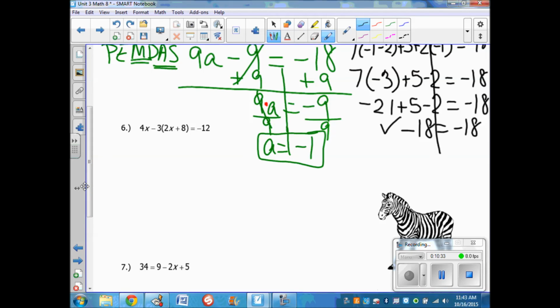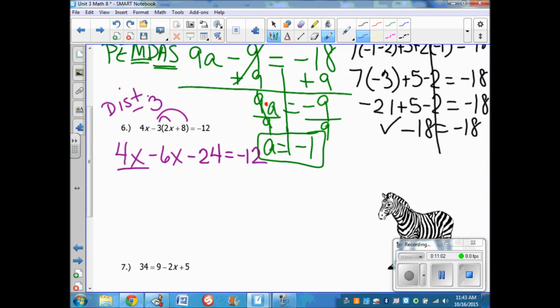Number 6. So I've got to distribute first. Now be real careful here. I'm distributing the negative 3. So 4x I don't do anything with yet, but when I distribute that negative 3, it's negative 3 times 2x, which is negative 6x, and negative 3 times 8 is negative 24. So I cleared my parentheses.